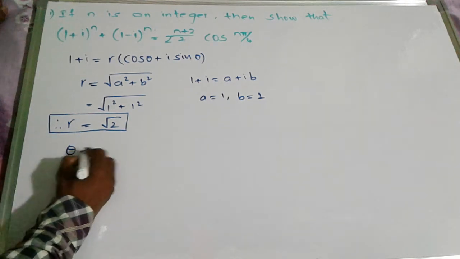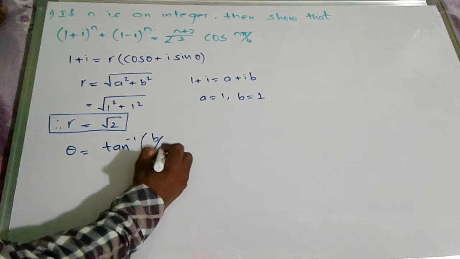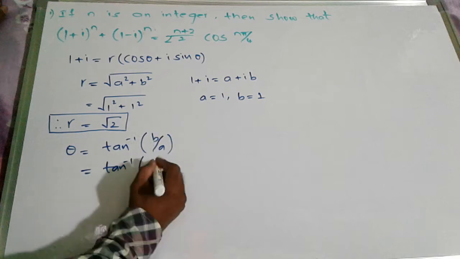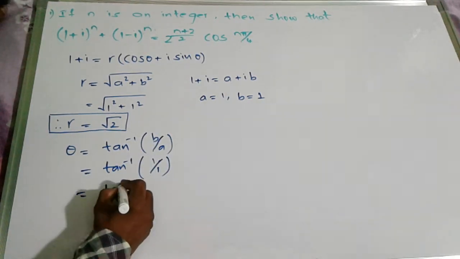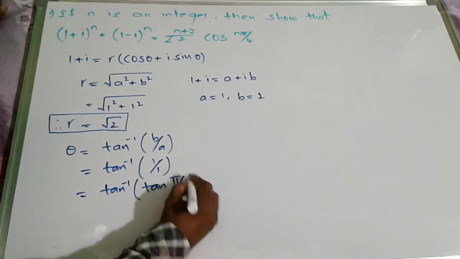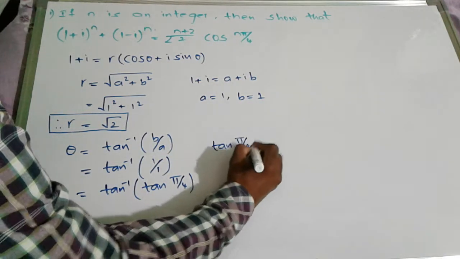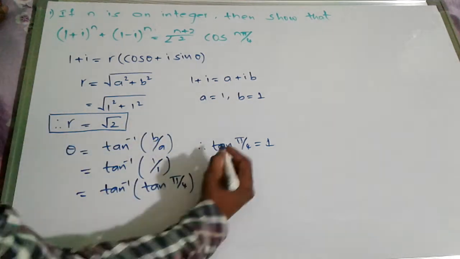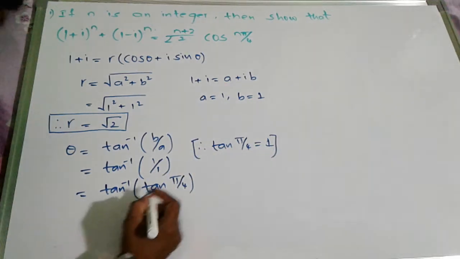And theta is equal to tan inverse of b by a, and tan inverse of b value 1 and a value is also 1. So tan inverse of tan pi by 4, since the value of tan pi by 4 is equal to 1. So I am replacing this 1 as tan pi by 4.